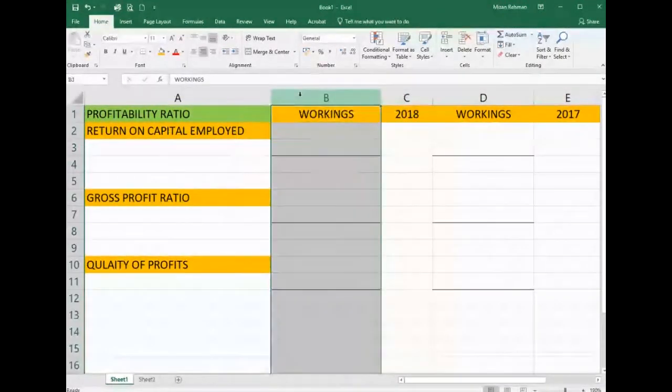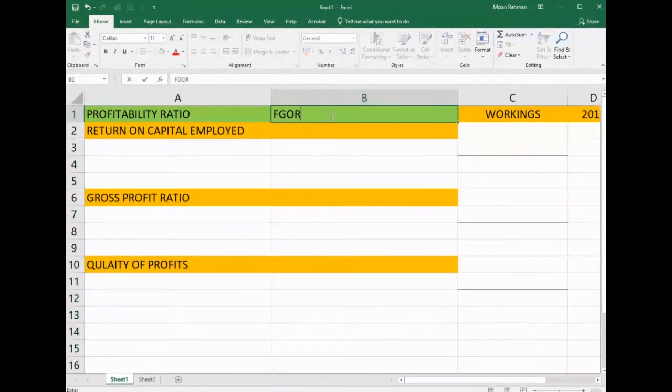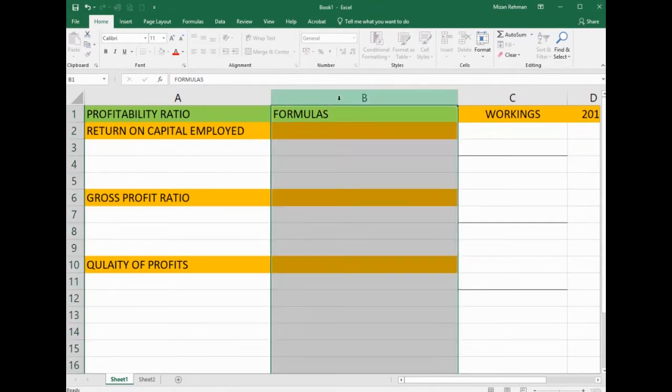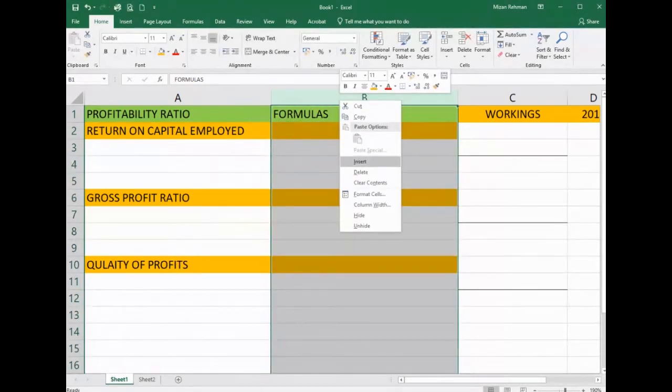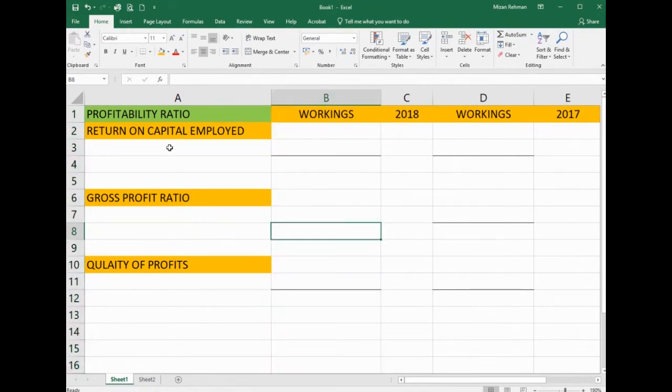One more item you can add here is the formulas. I'm not doing it because I don't have time and can't display everything, so I will remove it, but I would recommend that you do that.